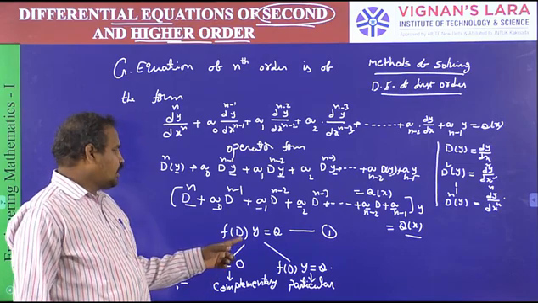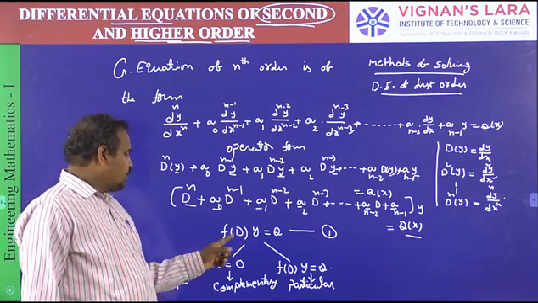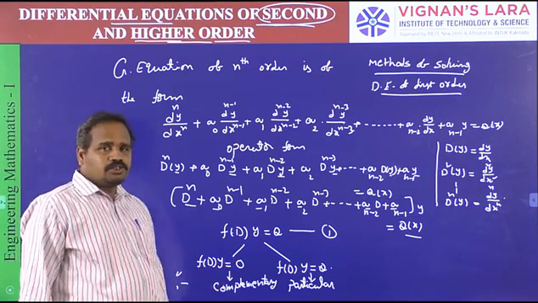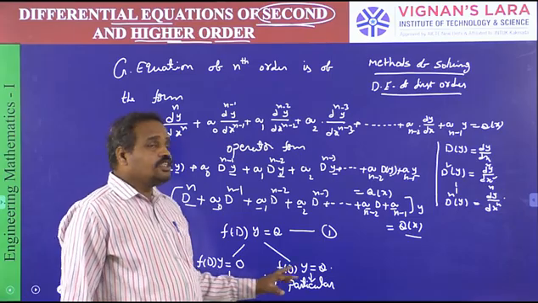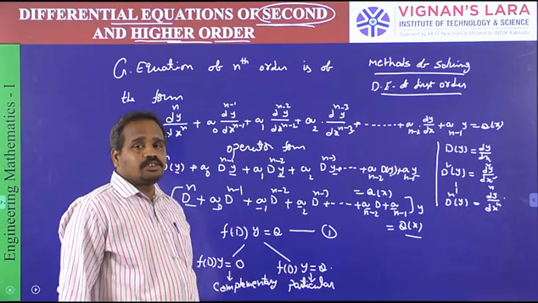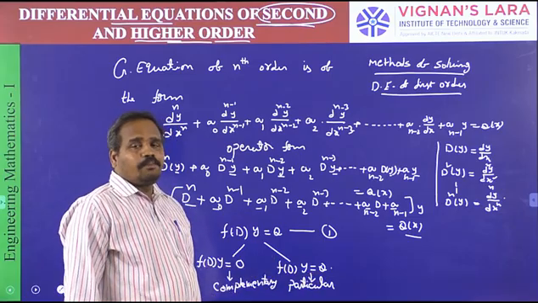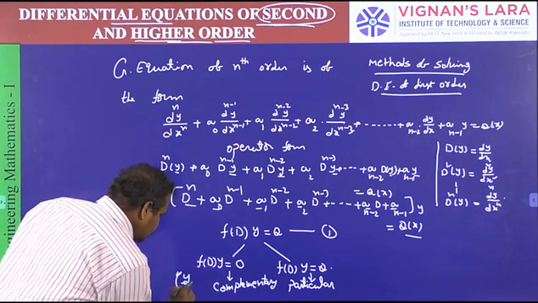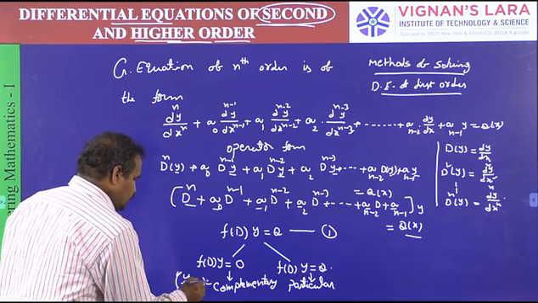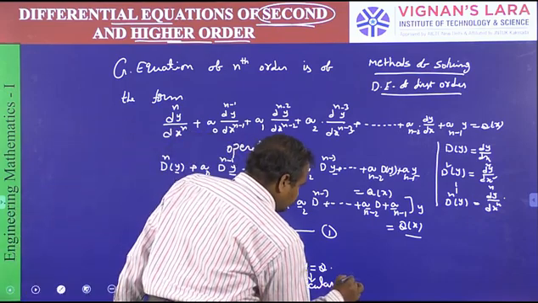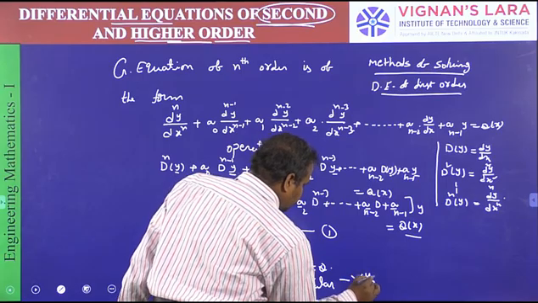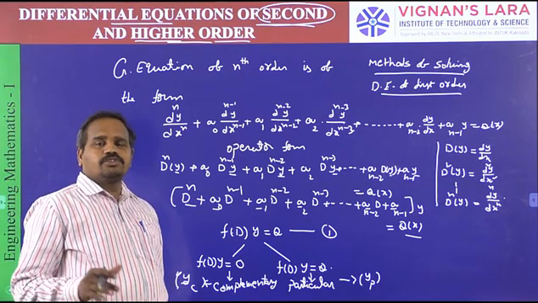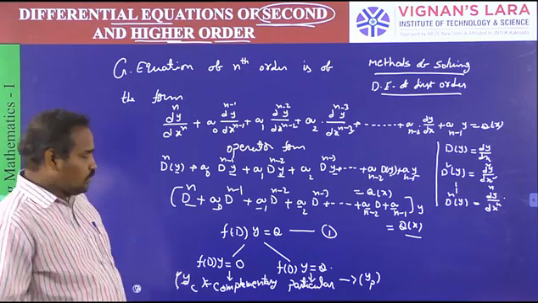The complementary solution is related to the equation f of D into y with right hand side value 0. Another solution, of f of D into y is equal to q, is called the particular solution. The complementary solution is denoted by yc and the particular solution by yp. If an equation has two solutions, then the sum of those two solutions is again a solution.